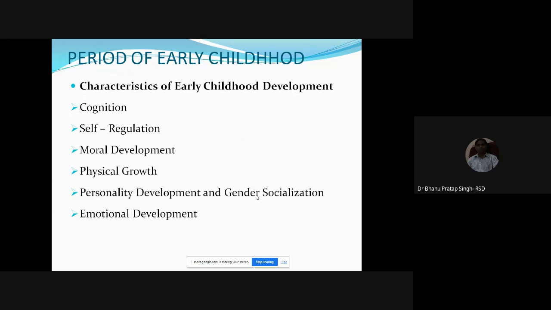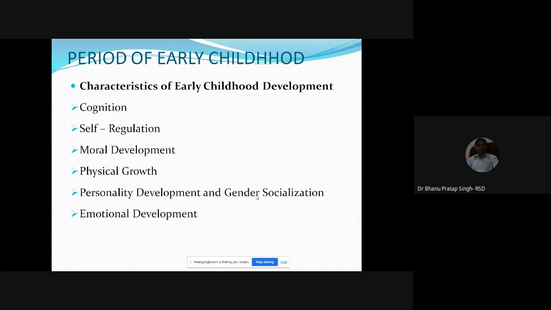He categorized development into four stages. Second is self-regulation, moral development, physical development, personality development, and gender socialization.